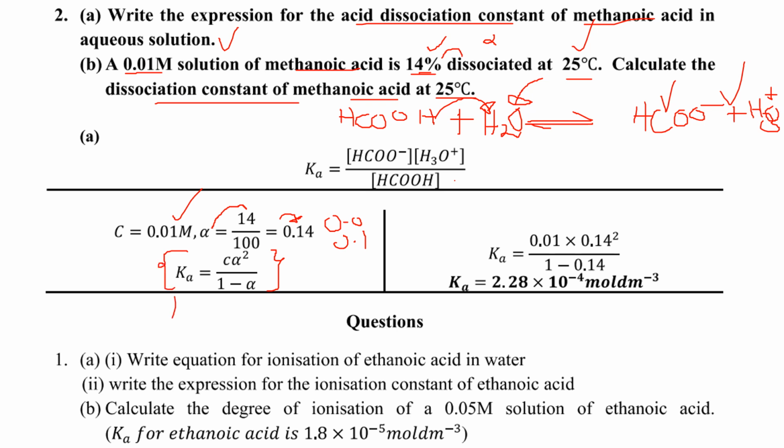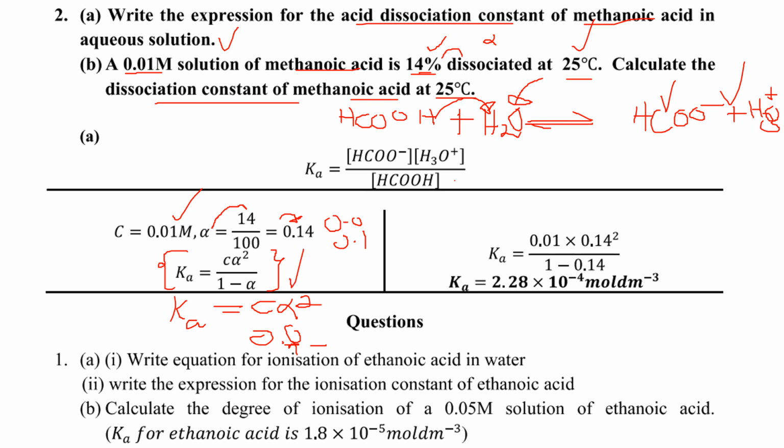You only use the other expression, Ka equals concentration times alpha squared, when your degree of dissociation is 0.0something. But otherwise, if you have a digit right after the decimal place, always go with the general expression.